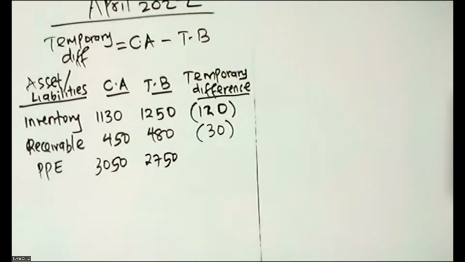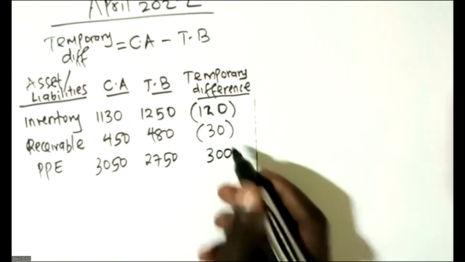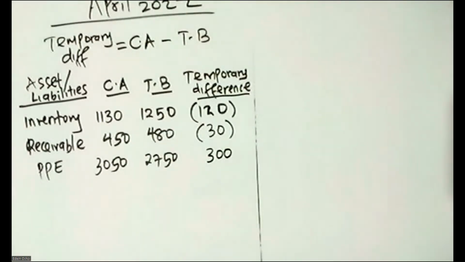So there's nothing there to adjust. It's just taken directly as provided. The revaluation will affect our deferred tax account. So the difference is 300, which is a taxable temporal difference.